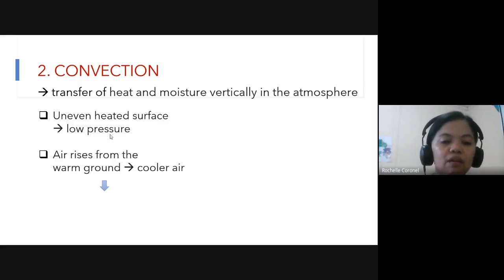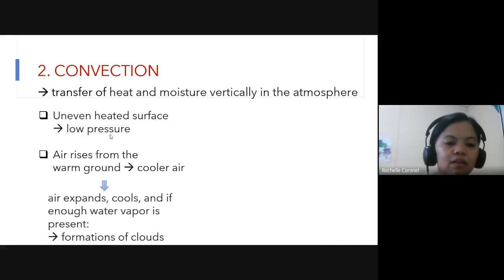So air rises from the warm ground to cooler air. It goes upward because that's the temperature profile of the troposphere, right? It's cooler higher up. So that's the tendency of air, in order to stabilize. Thermodynamically, air expands as it goes up, and it cools down as it expands, and if enough water vapor is present, there's a possibility of cloud formation during convection.